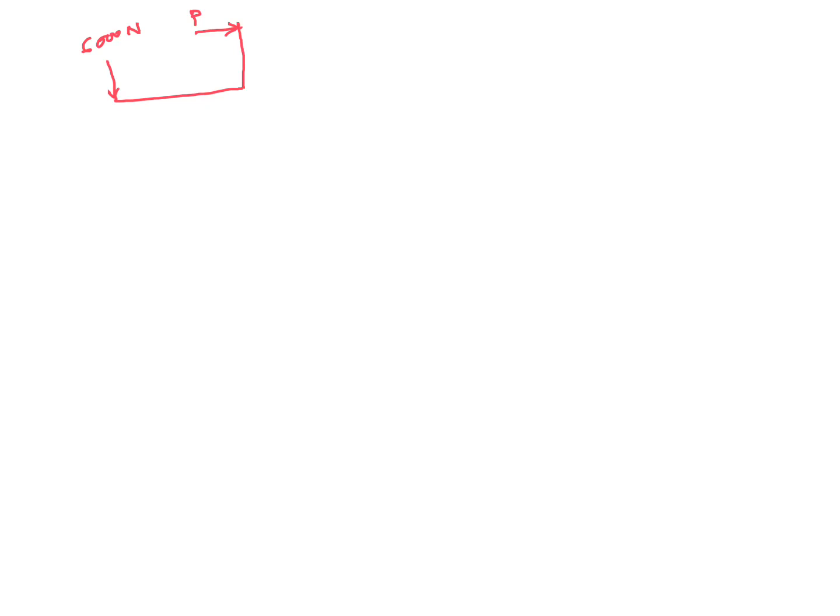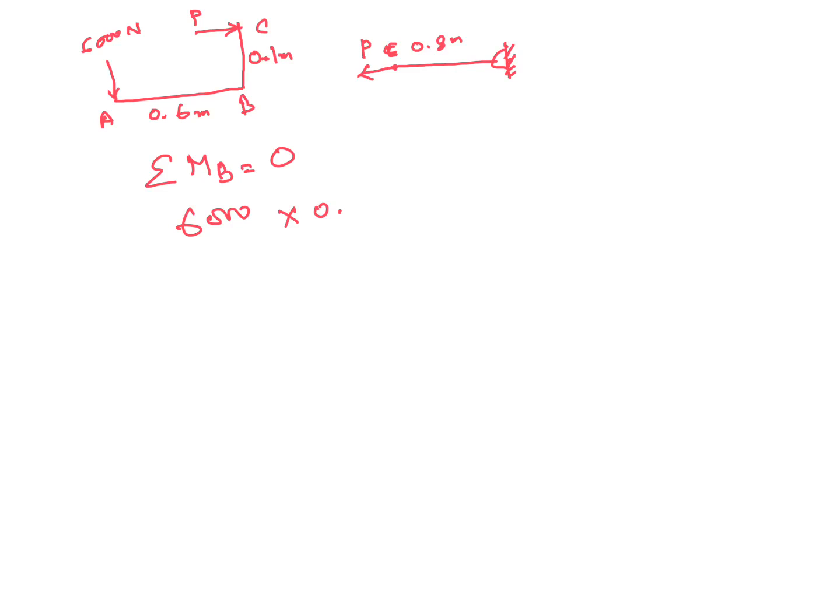Points are A, B, C. Take moment about B. Moment at B is 0, then 6000 into AB distance, which is 0.6, equals P into BC, 0.1. So we'll get P equal to 36,000 Newton.